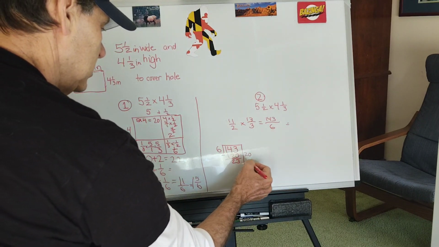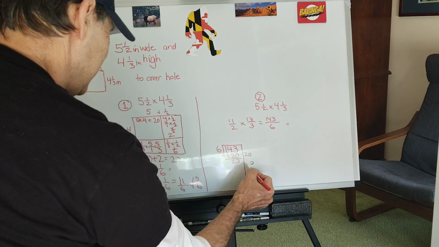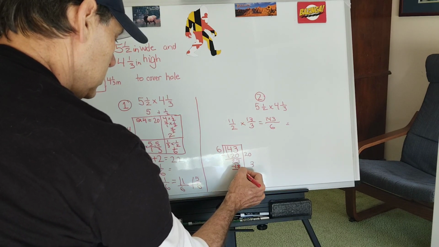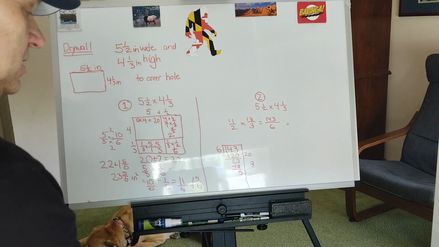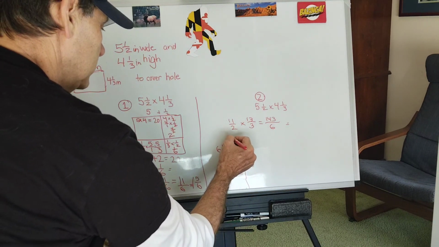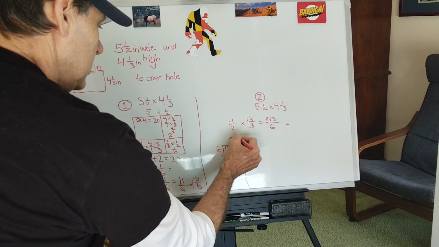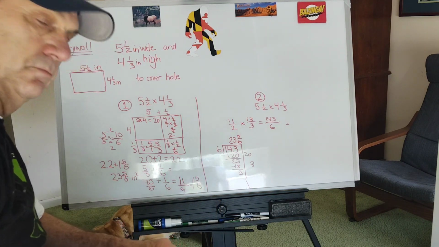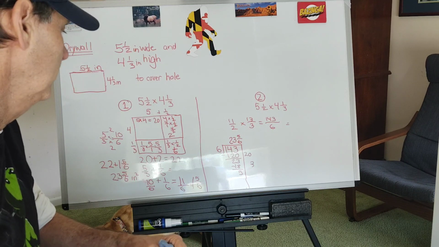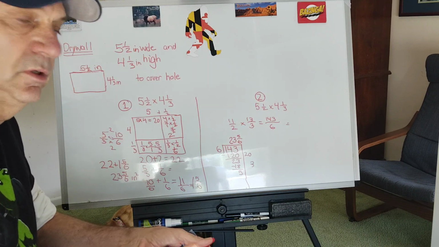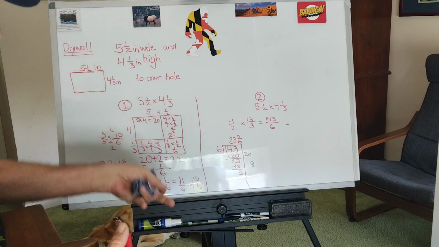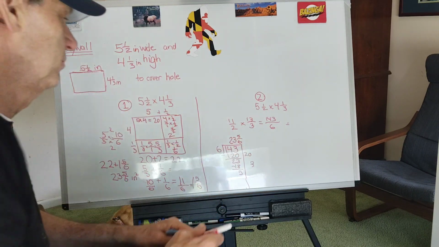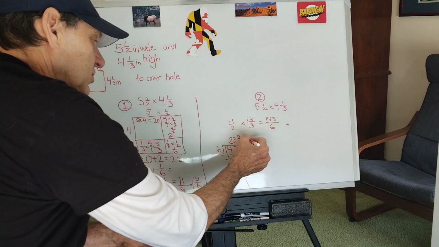And I know 6 times 3 is 18, which gives me 5. I can't make any more groups of 6s, so my answer is 23 and 5 sixths. So both ways work, and the whole size I want to make sure I completely cover is 23 and 5/6 square inches.